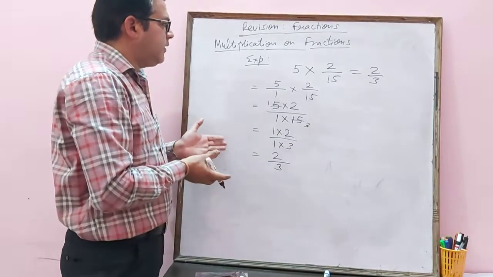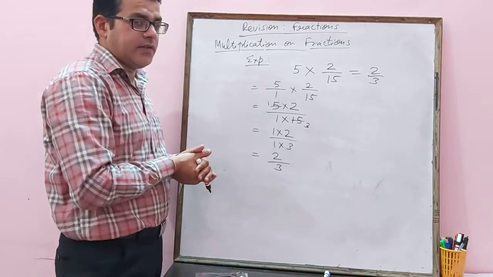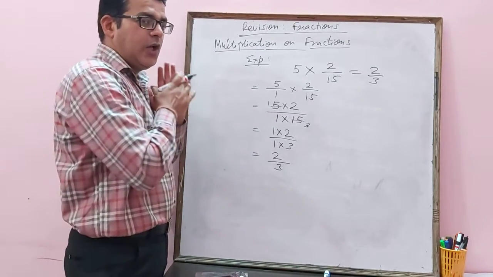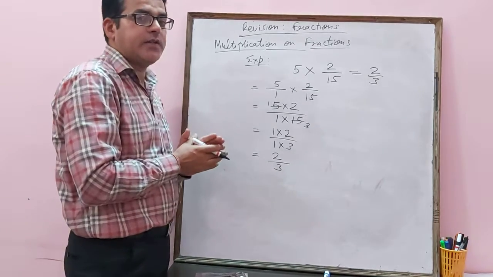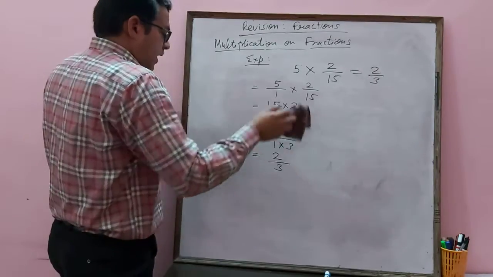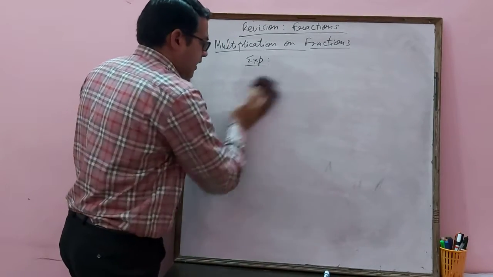I think this is one of the simplest calculations on fractions, that is multiplication. No need to take LCM, no need to make denominators the same. Right? So I am taking more examples here to make you understand.